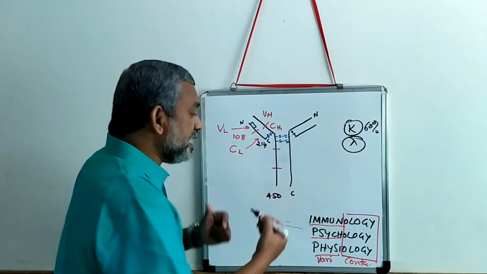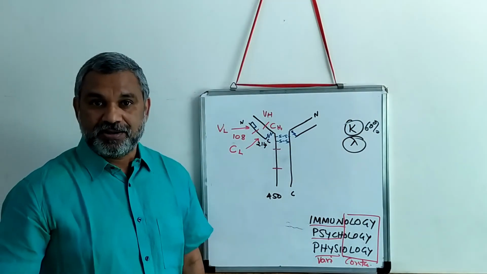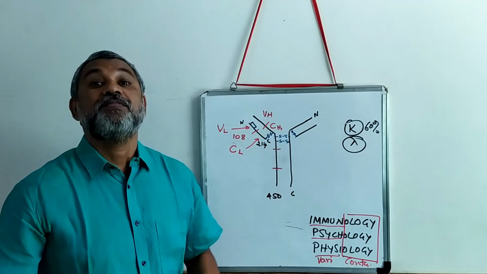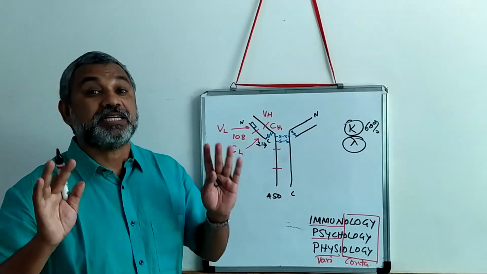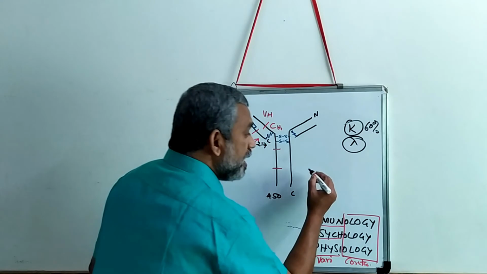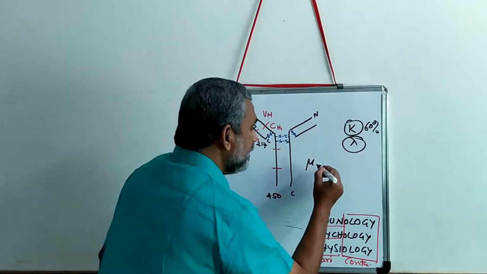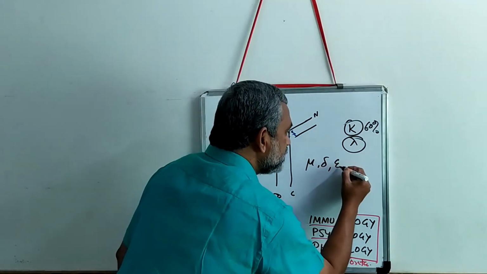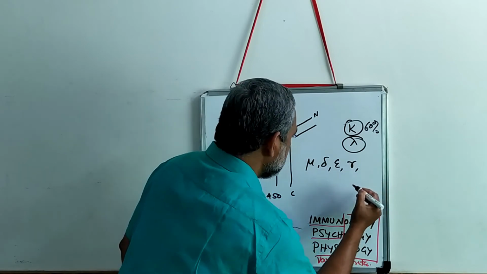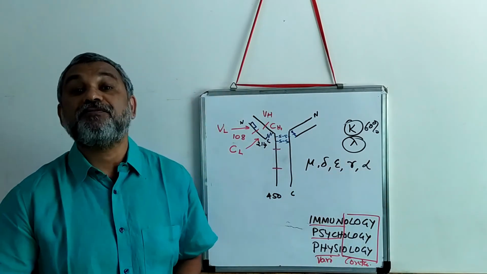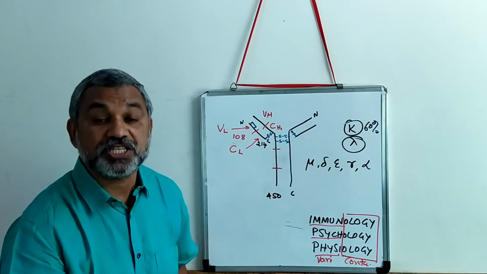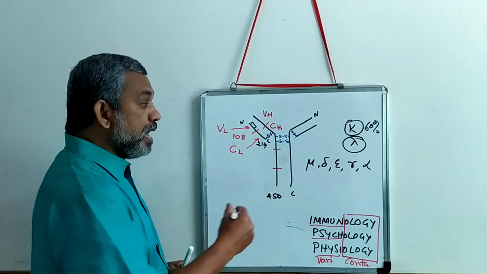If you look at the constant region of these antibodies, there are 5 different types of constant region. They are mu, delta, epsilon, gamma and alpha. These are the five different constant region types.